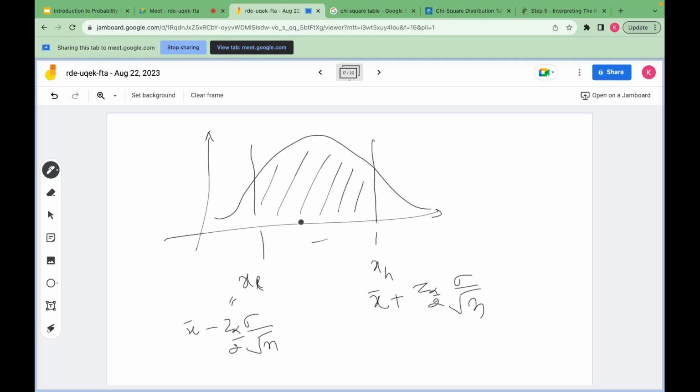Now in hypothesis testing, we find the test statistics, and if it is less than some value or greater than another, if it lies in these regions, then we reject the null hypothesis, which was saying that our mean will lie here.